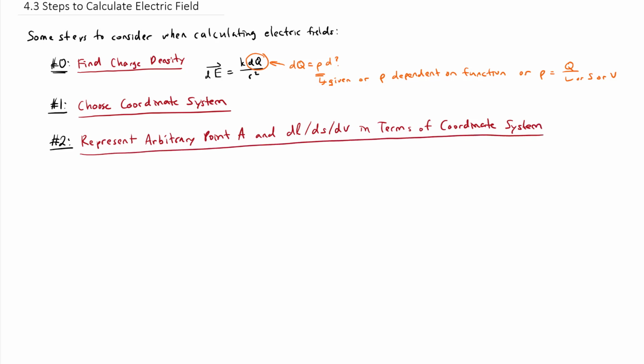So in this case, what you're trying to do in these 2 steps, you're trying to find an equation for dq. After you find dq, then you can move on to find dE. So then you would write an expression for dE.